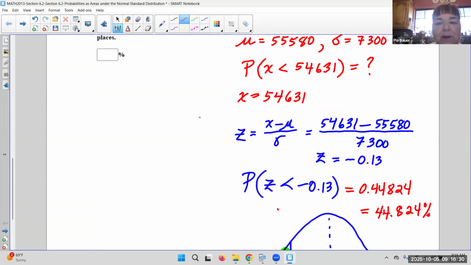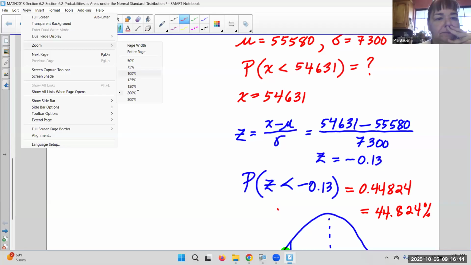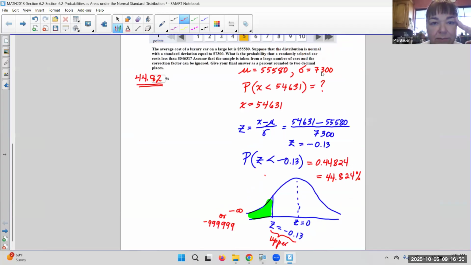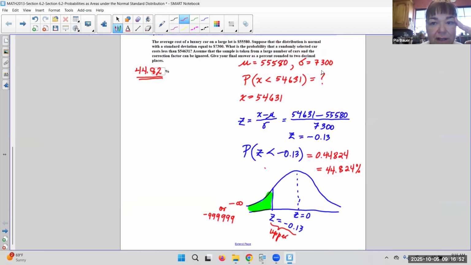So that would mean we want to put 44.82, and I cannot round it up, but that would be your percent. Now, let me make this a little bit smaller so you can see the problem as well as the rationale behind it.